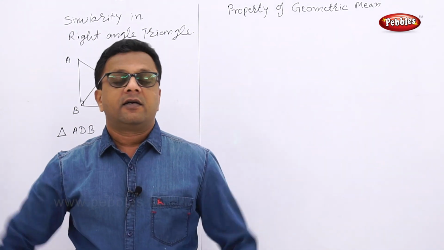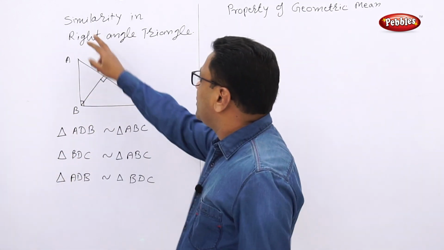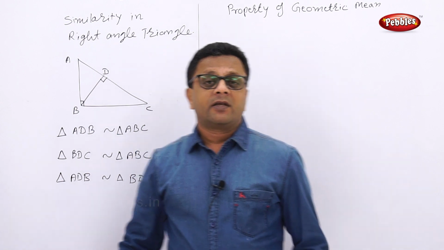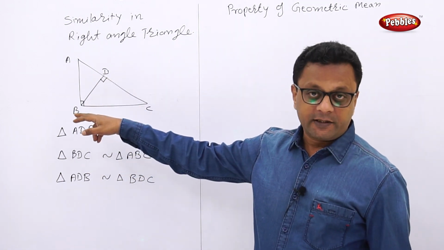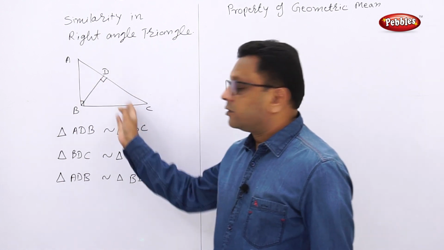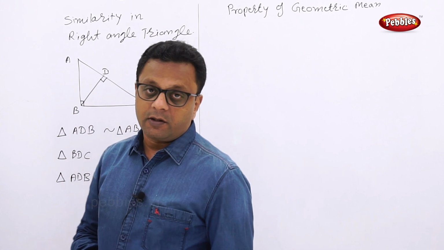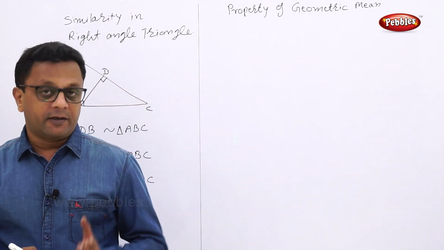Both the triangles are separate triangles. So only this thing you have to know. Otherwise, the similarity in right angled triangle is very simple: if you draw a perpendicular to the hypotenuse from the opposite vertex, then the triangles on both sides of the perpendicular are similar to each other, as well as similar to the main triangle.